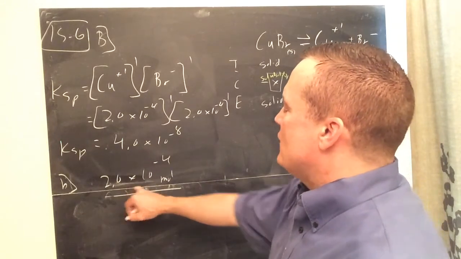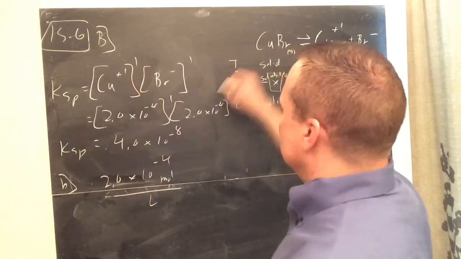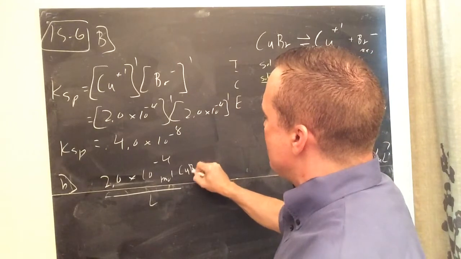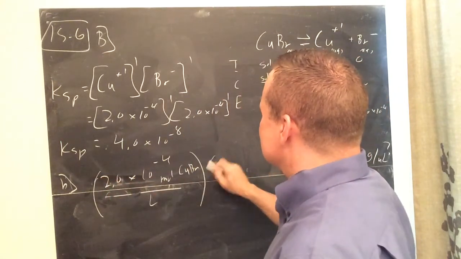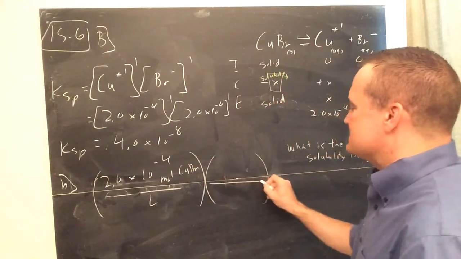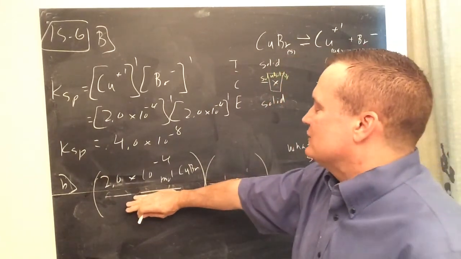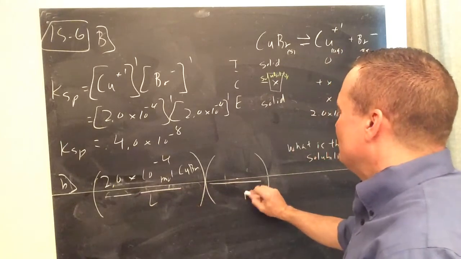If I have 2.0 × 10^-4 moles of, look at the formula, CuBr dissolved in every 1 liter, well, let's go back to last semester, and you're going to see it's kind of similar. Let's first forget the liter, let's change mole into gram.